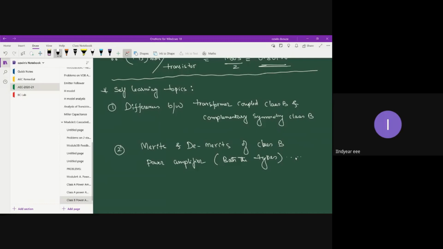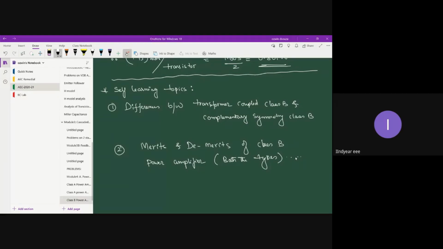Okay, so the cost factor is another disadvantage, and the third major disadvantage could be the poor frequency response due to the presence of inductor. Okay, so these are the merits and demerits of class B transformer coupled push-pull power amplifier.